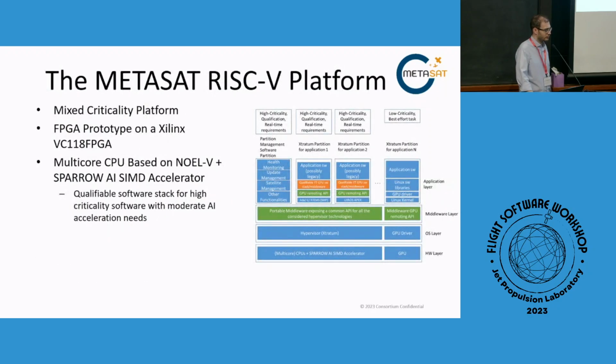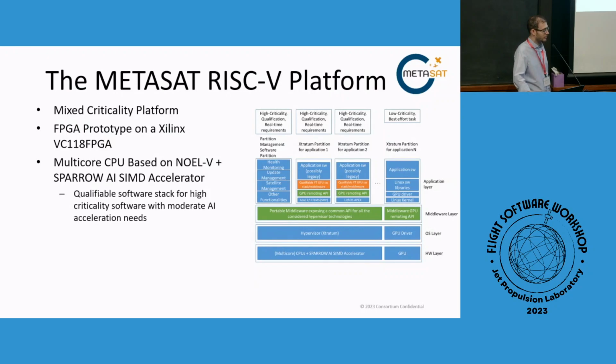In order to demonstrate our concepts, we will need a hardware platform. So this is an idea of the prototype platform that we are currently designing, the Metasat platform. It's going to be mixed criticality to support the concurrent execution of software of different criticalities.